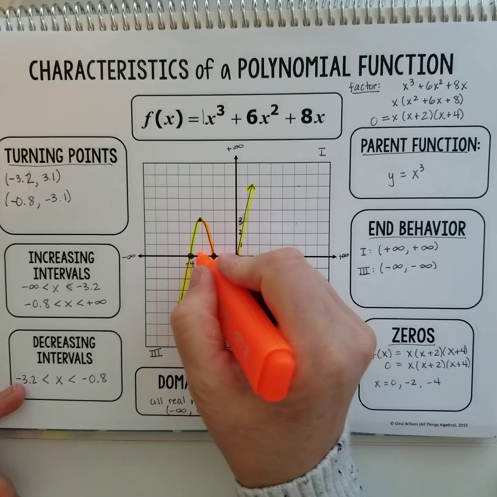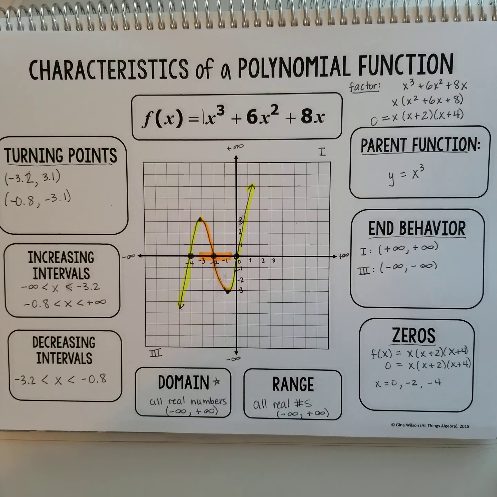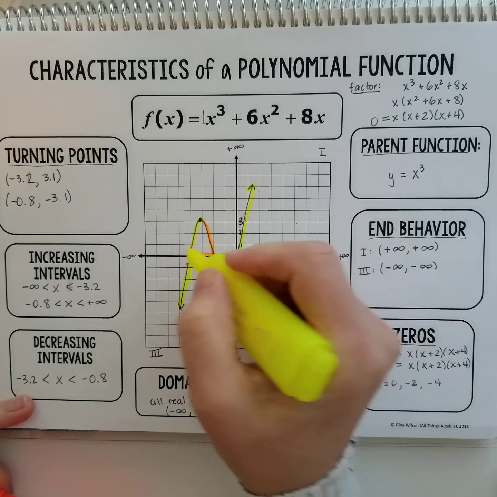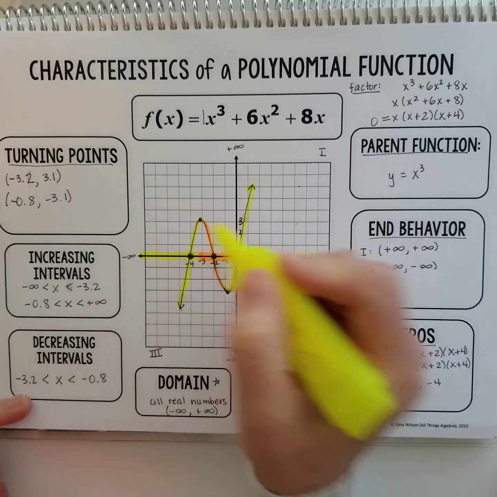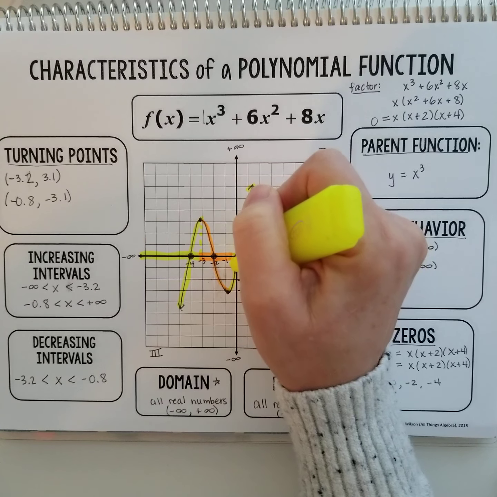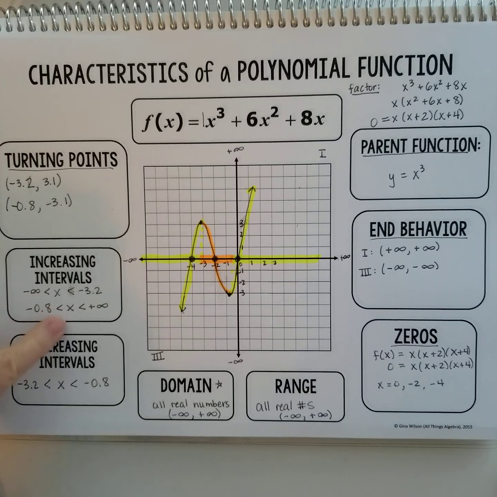So for all of these values of x, right? Negative 3.2 to negative 0.8, which my highlighting's not perfect, but when we talk about increasing and decreasing intervals, we're really talking about where on the x-axis is that making a change. So that's why we're always seeing x in here on our intervals. Okay, just a little reminder about some of those fun facts. Okay, that's it.